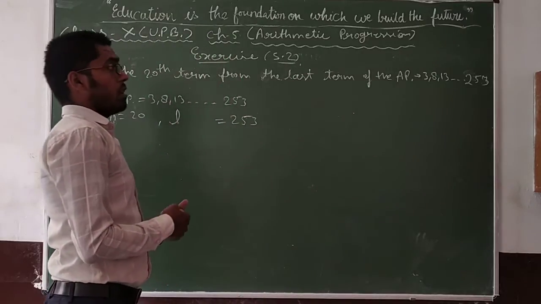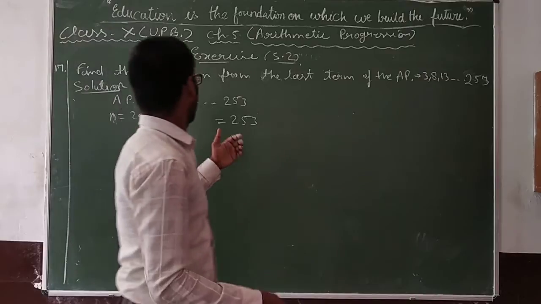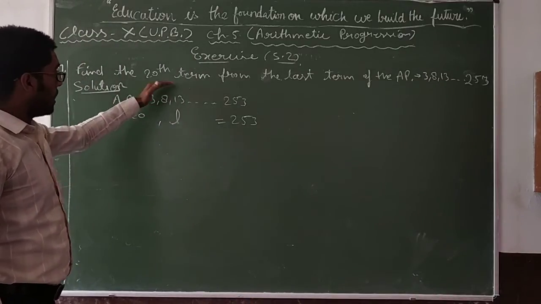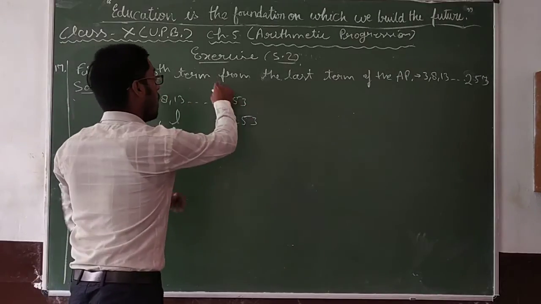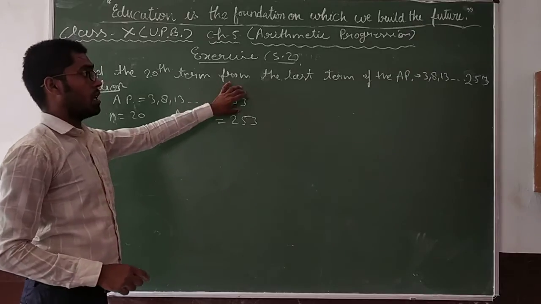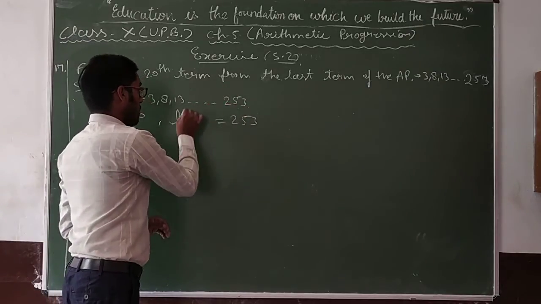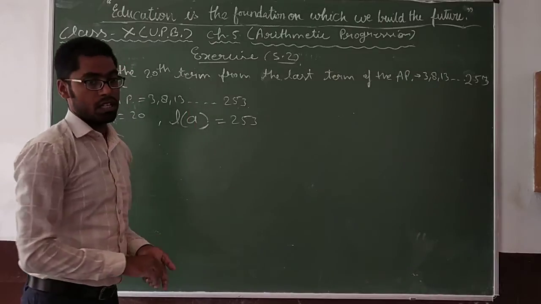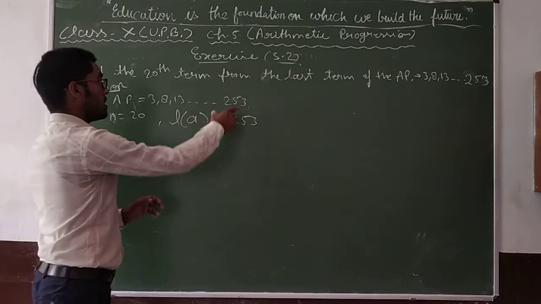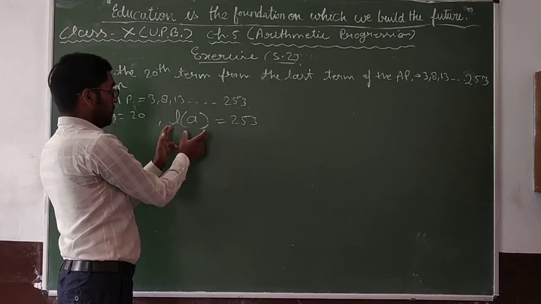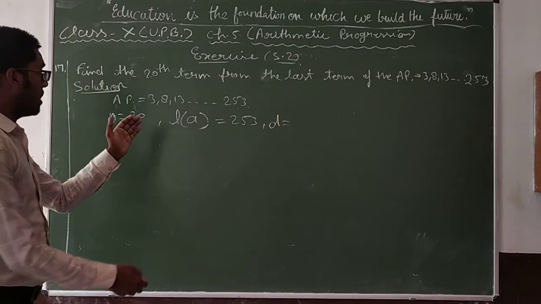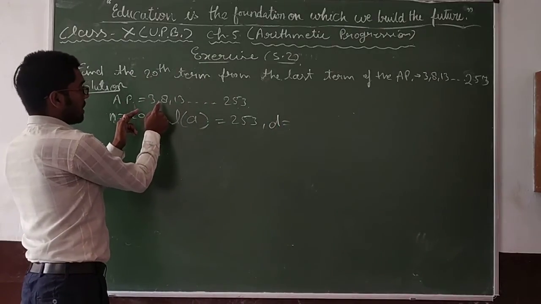Till now we were solving questions taking this one as the first term, but now here we will calculate from the last. When you calculate the values from the last, your last term will become the first term, because you are solving from the last. It means the last term will become the first term, and the common difference will not be second term minus third term.